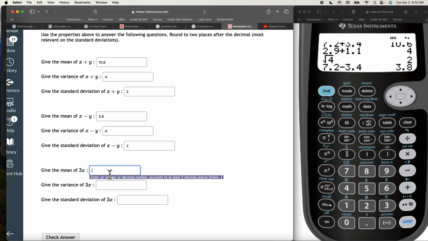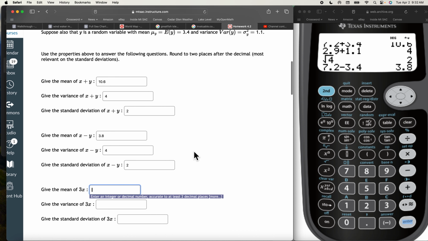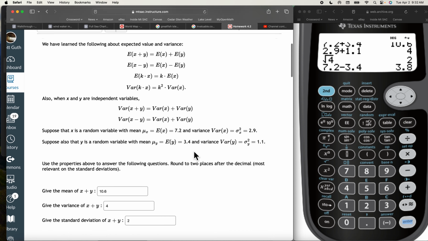Okay, and pardon the dog. Then we have to talk about the mean of 3x, and the variance of 3x. So just taking a quick look, the mean of kx is k times the mean of x, or the expected value.